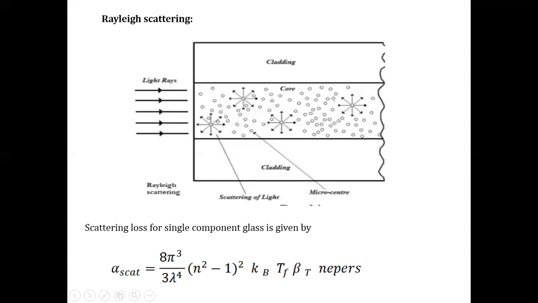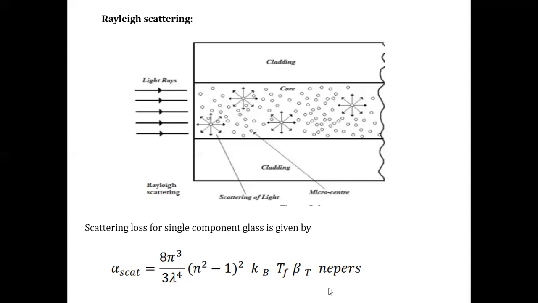So we all know that, right? Here n is the refractive index, and kB is the Boltzmann constant. Beta T is the isothermal compressibility of the material, and Tf is the temperature at which density fluctuations are frozen into the glass as it solidifies.